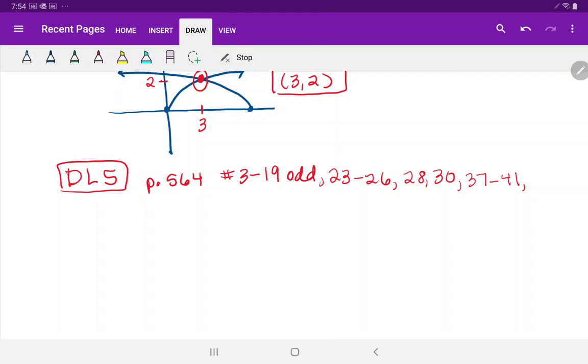And I like 44. Okay, and then 2 more questions. 49 and 50. We'll do 53 and then 54.